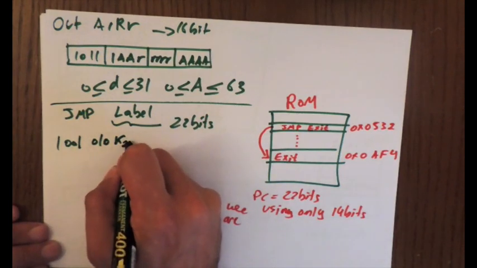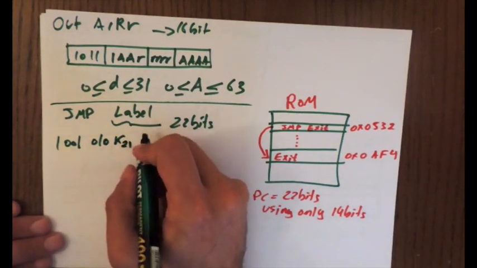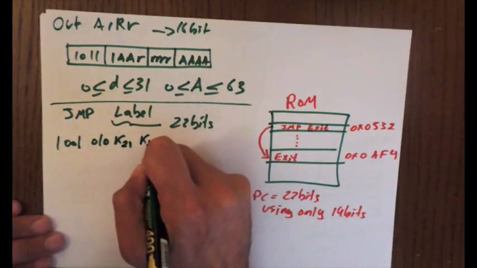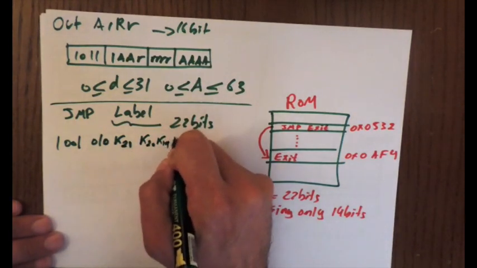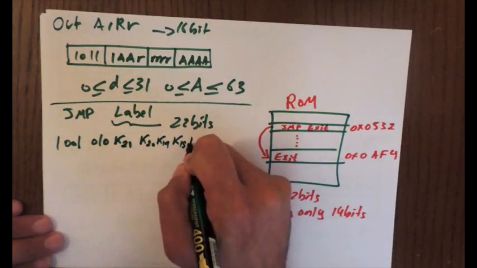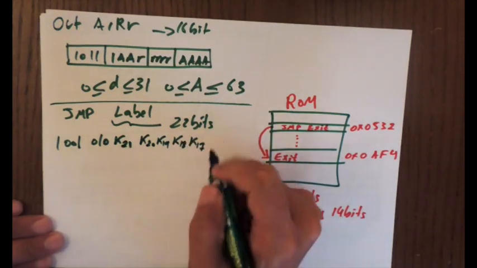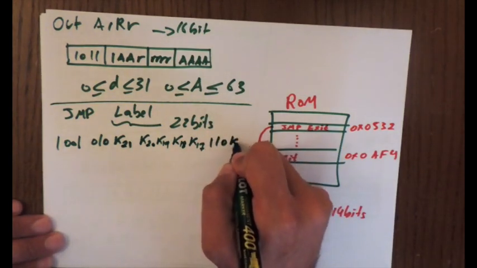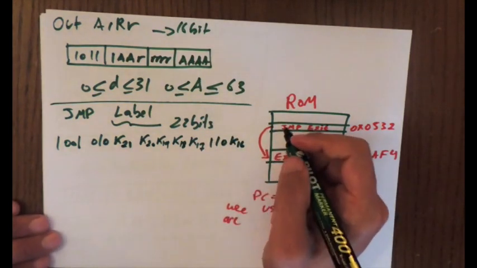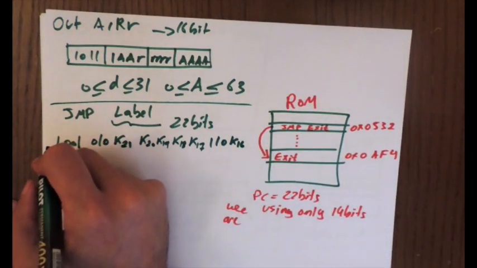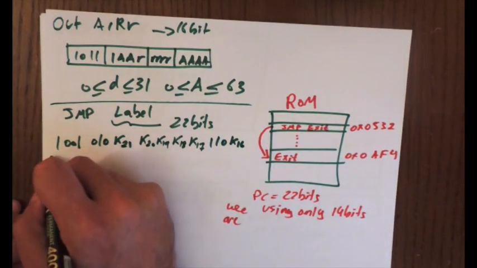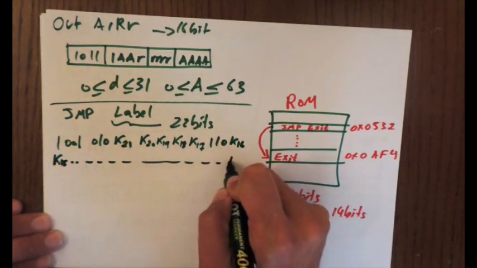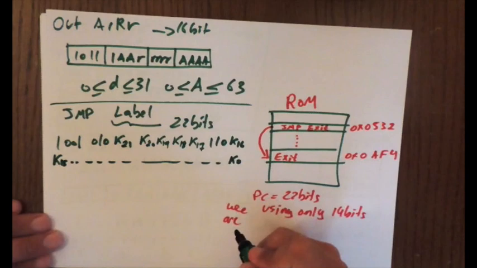So this is K21, and then I have K20, K19, K18, K17, and then 110, K16, and I go ahead and do K15 till K0. This is 16 bits.